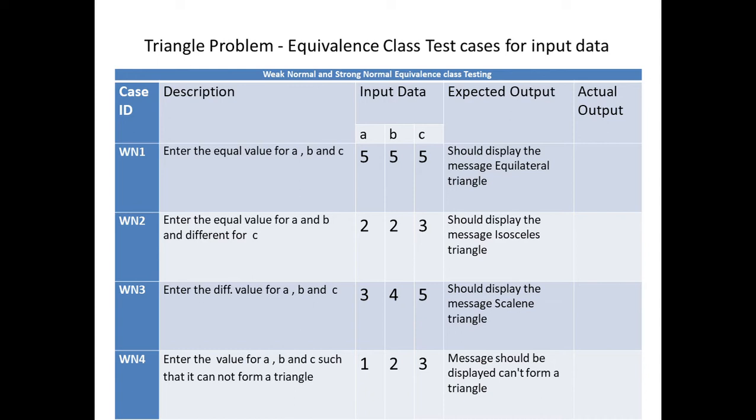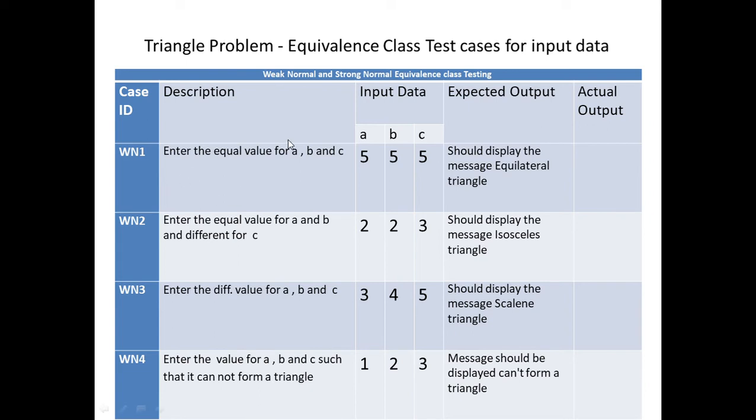Since we have only one class here, the weak normal and strong normal test cases are the same; there is no difference between them. The two sets are identical. Here you can see the weak normal test cases.